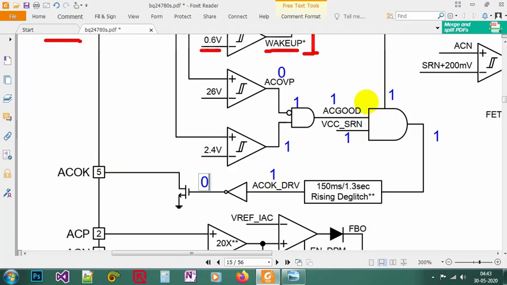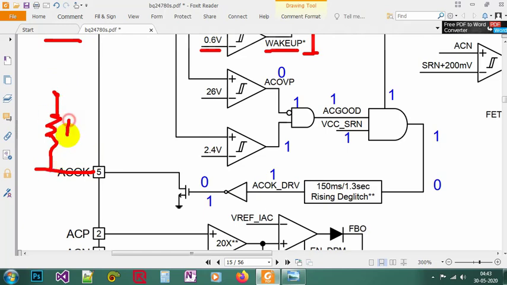When any of these conditions like AC good or the LDO or VCC SRN is low, then the output of this AND gate will be low. That means after the NOT gate, it will be high, and the MOSFET will turn on. Then whatever the voltage is connected, we know it's connected to a 3.3 volt pull-up rail through a resistor.